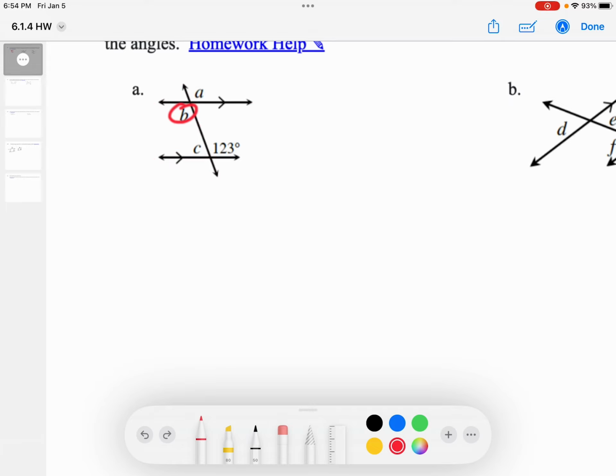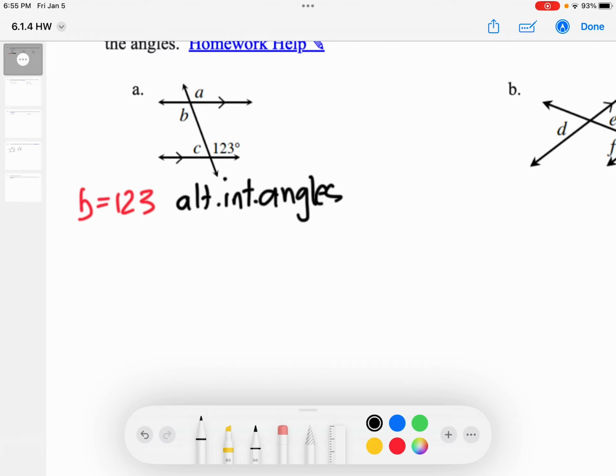So B is on the alternate side of the transversal from 123 and interior to those two parallel lines. So B is going to equal 123 because alternate interior angles are congruent if lines are parallel.